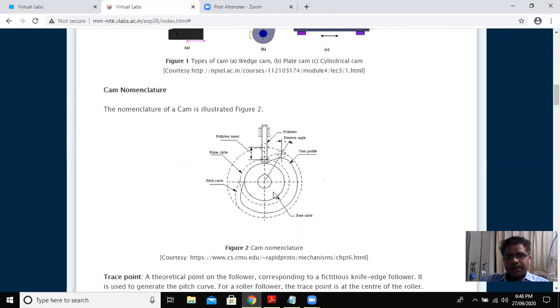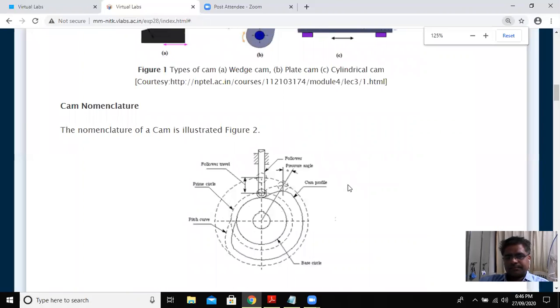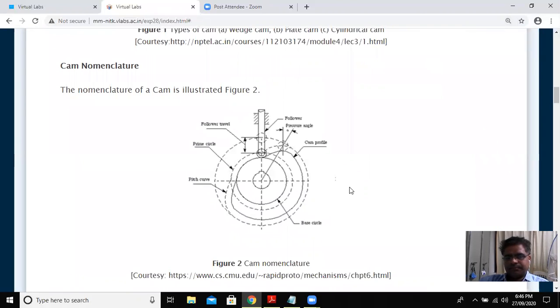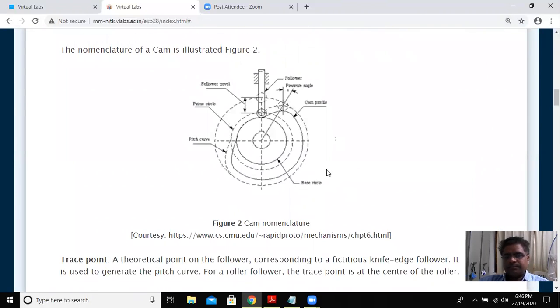Now coming to the cam nomenclature. So when I am looking at this cam, I can see that there is one very small circle. That circle is called as the base circle. Base circle is the smallest circle which can be drawn on the surface of a cam.